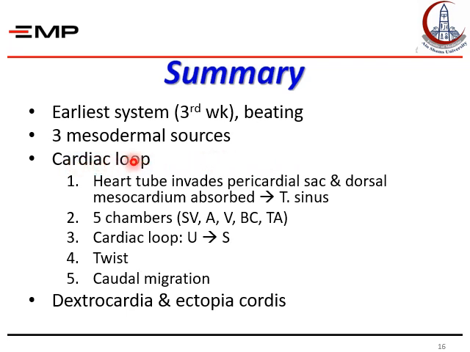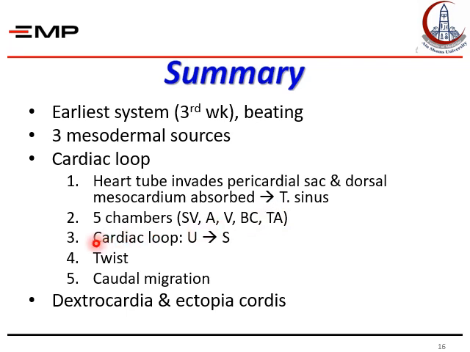Then we said that the endocardial heart tubes will make the cardiac loop through 5 changes or steps. Number 1, the endocardial heart tube invades the pericardial sac, creating a dorsal mesocardium, which becomes absorbed to form the transverse sinus. Then it becomes subdivided into 5 chambers: atrium, ventricle, and 3 with different names: sinus venosus, bulbus cordis, truncus arteriosus.